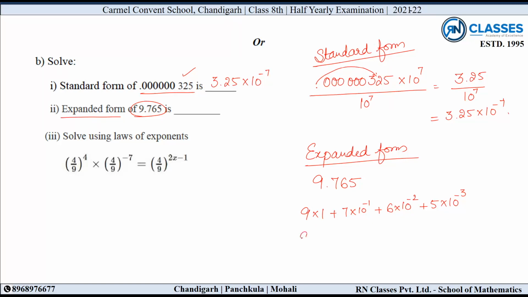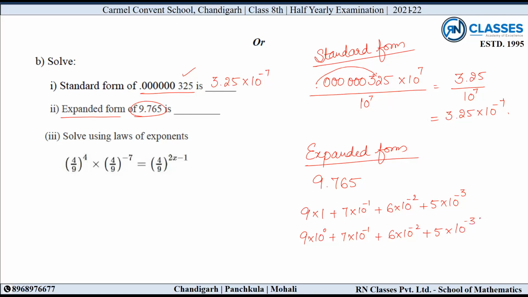So 9 into 10 raised to the power 0 plus 7 into 10 raised to the power minus 1 plus 6 into 10 raised to the power minus 2 plus 5 into 10 raised to the power minus 3.